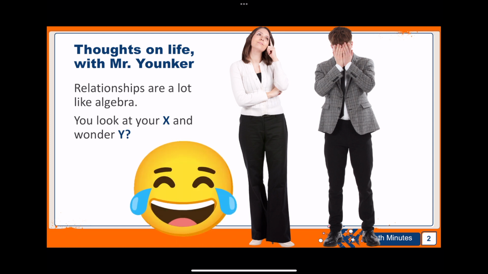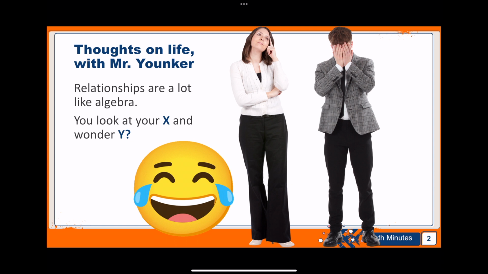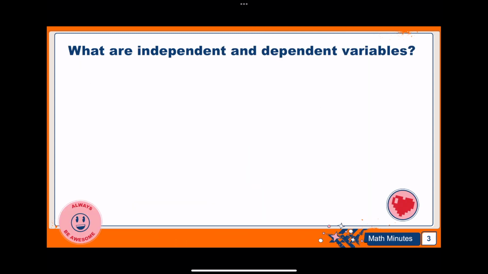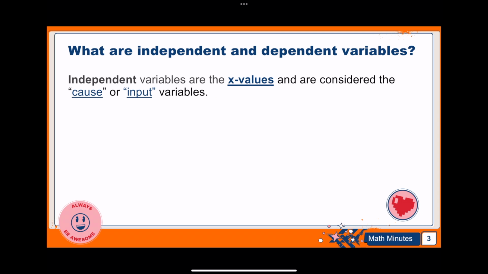Anyway, before we can jump into the examples here, we first got to understand what are independent and dependent variables. So when we talk about independent variables, those are our x values, and they're considered the cause or the input variables. Those are the ones that are going to affect the change in the y value or the dependent variable.